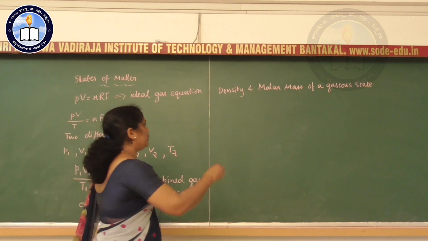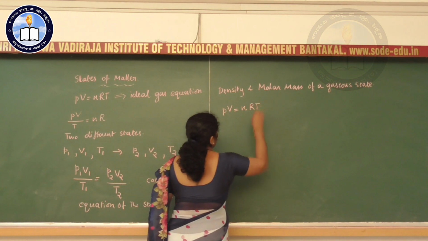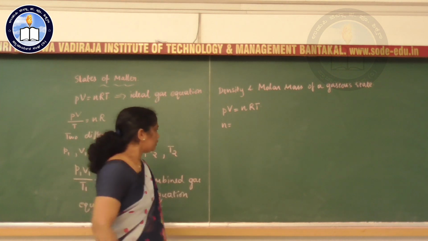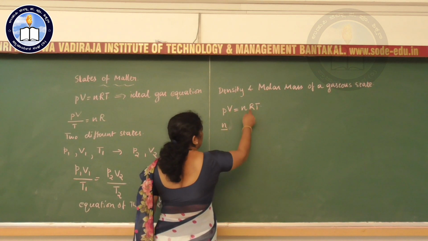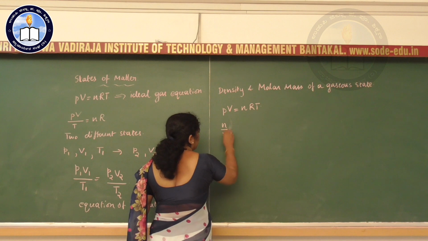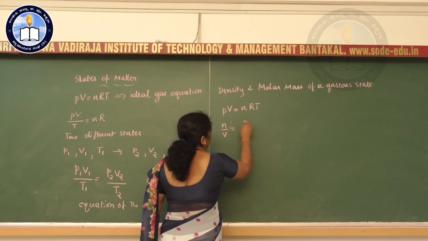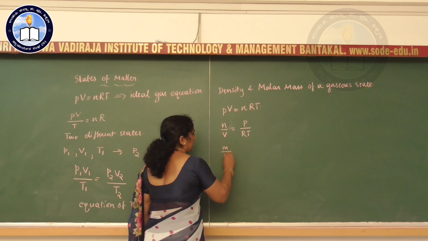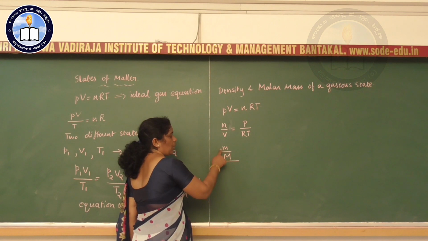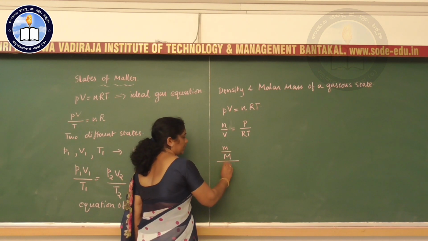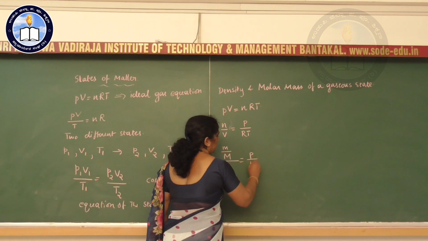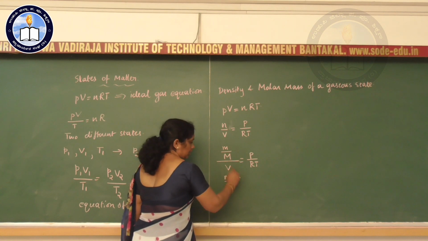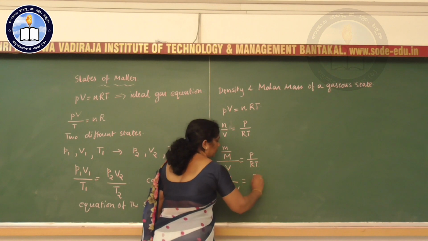We know that PV is equal to nRT, which is the ideal gas equation. n is nothing but mass by molecular mass, which is the number of moles. Bringing this n over, we get m by capital M, it goes to the numerator, so P by RT.